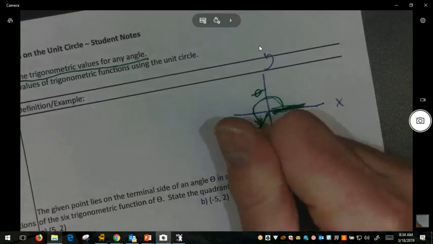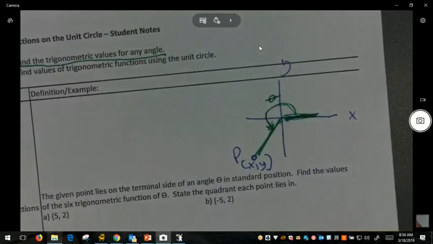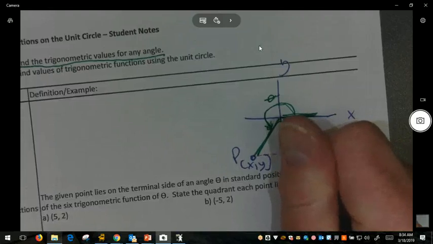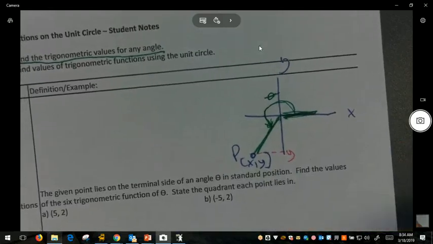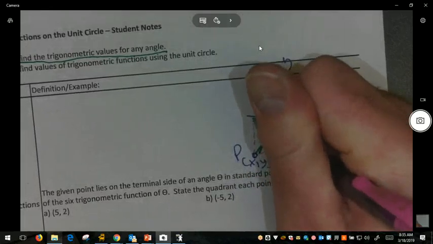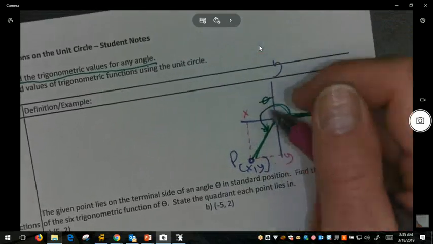This point right here has an x, y coordinate value. Going to the height, it is y units high, in this case down so many units. And going up to the x-axis, it is x units to the left.